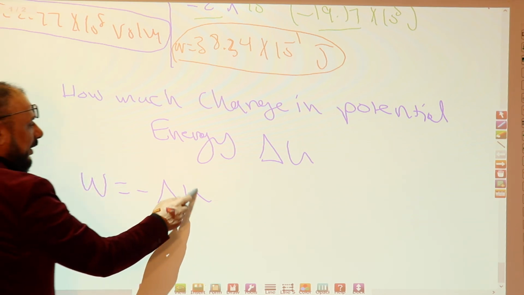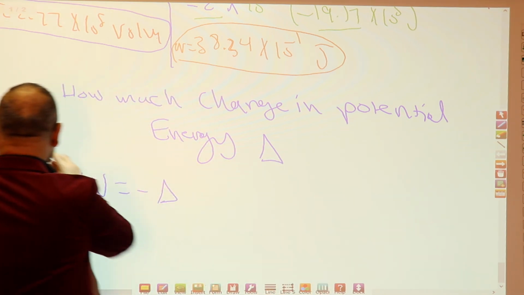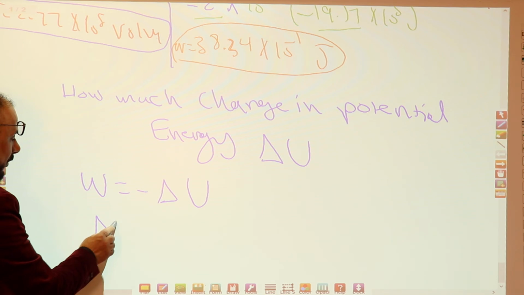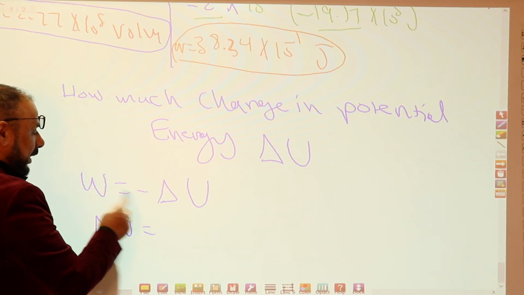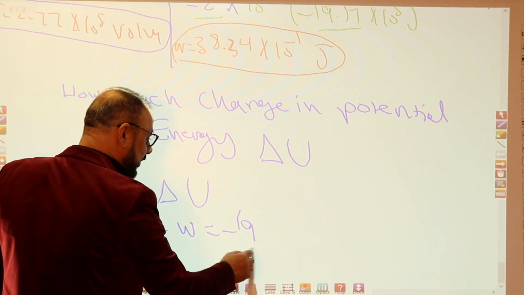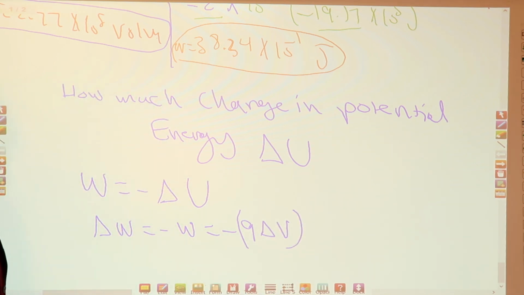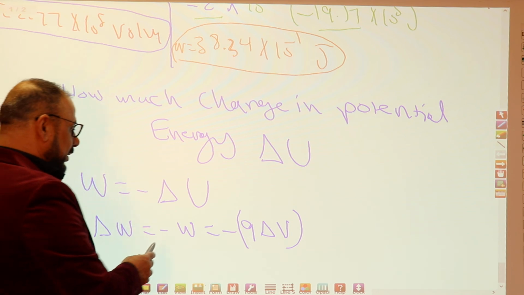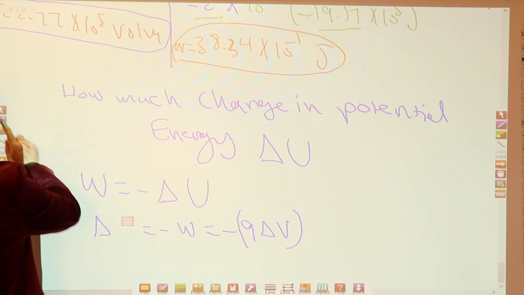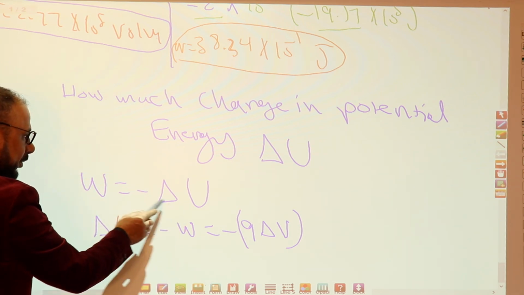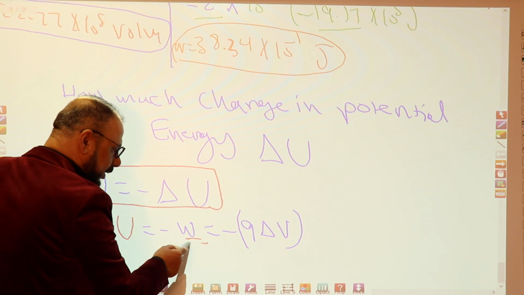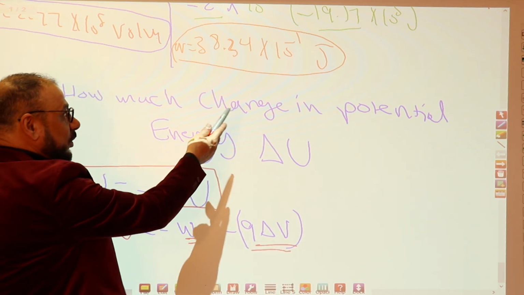Work equals negative delta U, or delta U equals negative the work, and the work equals Q delta V. And we already calculated the work done here.